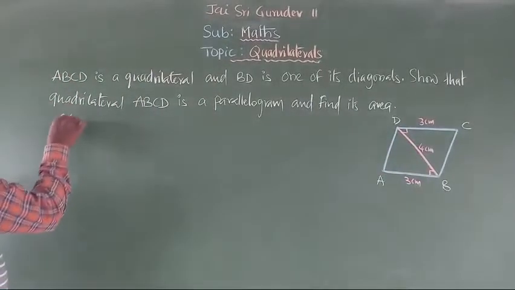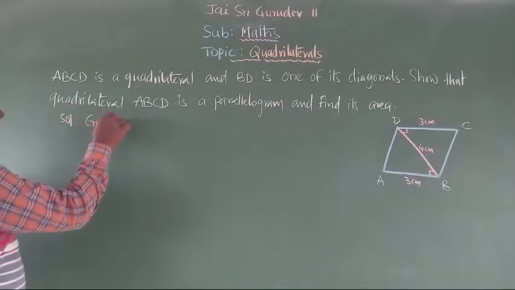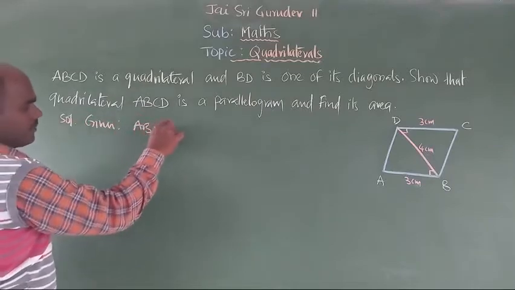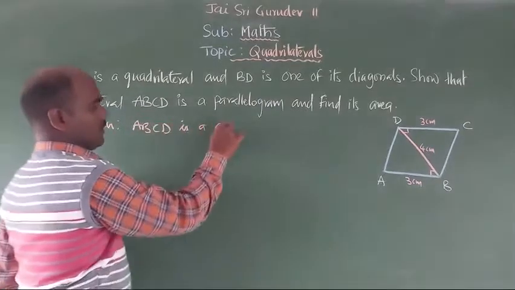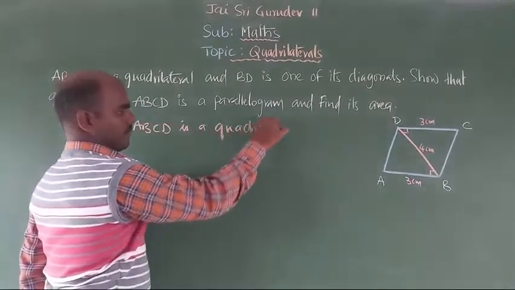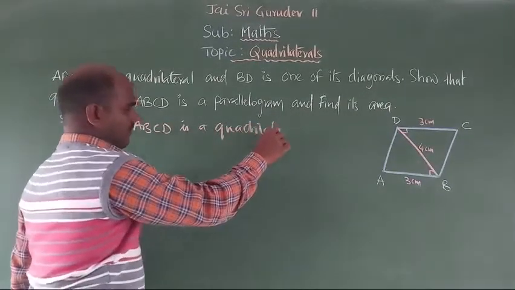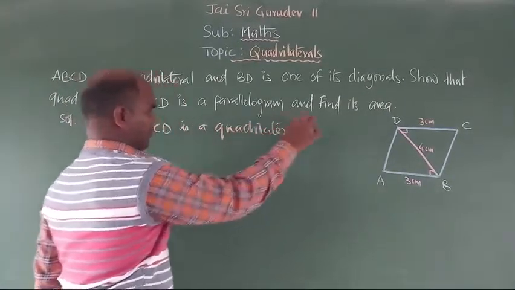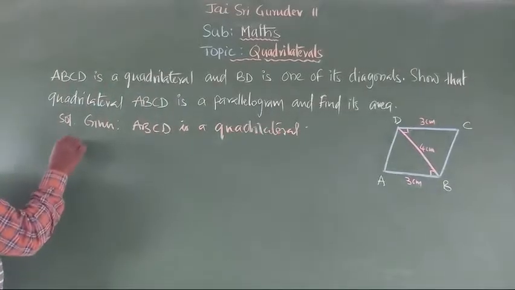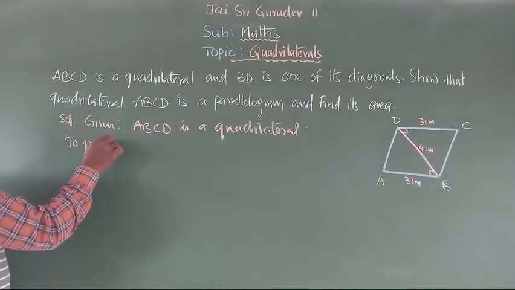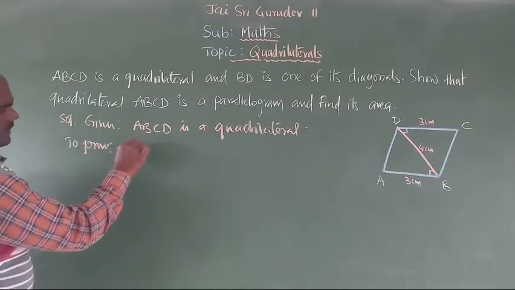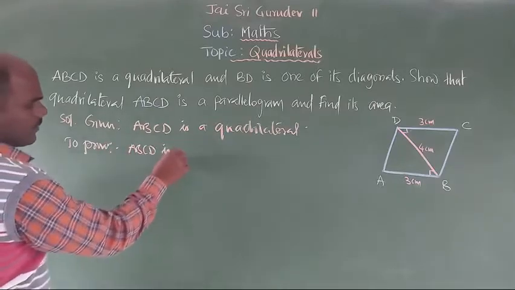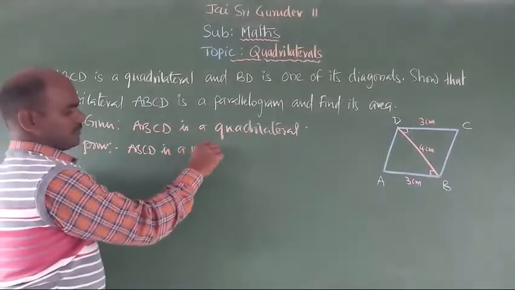In the solution, what is given, children? ABCD is a quadrilateral. So then what do you want to prove, children? ABCD is a parallelogram. Yes.